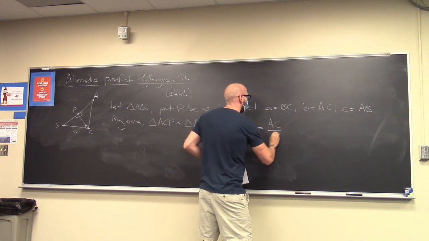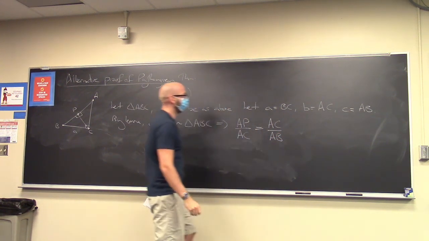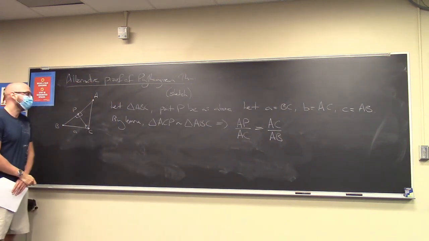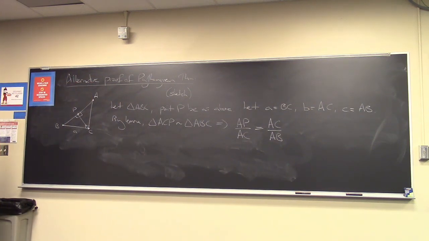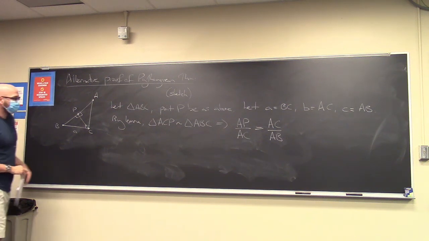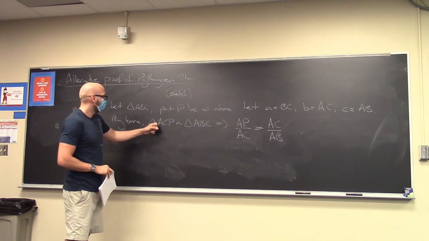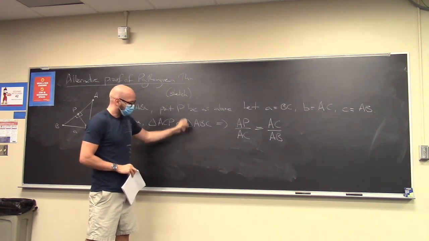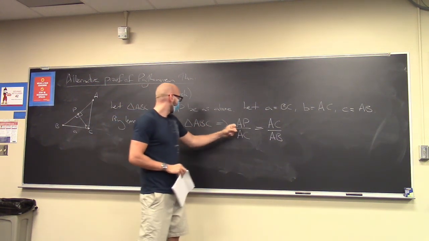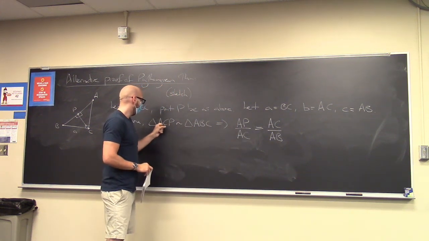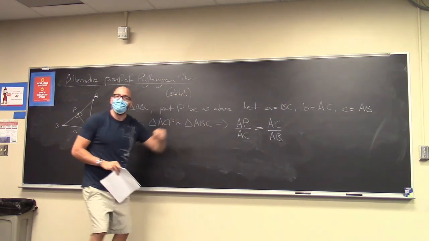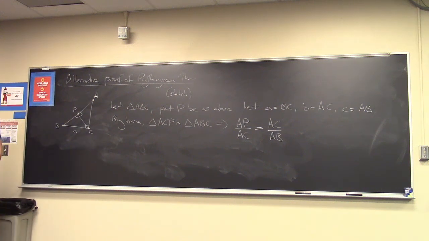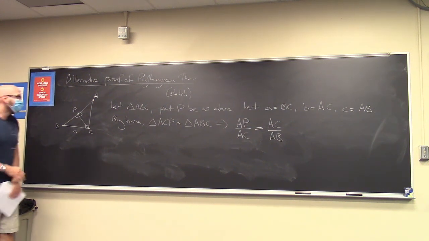That's AC over AB. That takes just a moment of thought to identify corresponding sides. AP and AC correspond by the ordering of the triangles, and AC and AB correspond as well. Is that all right? Looking at proportional sides.